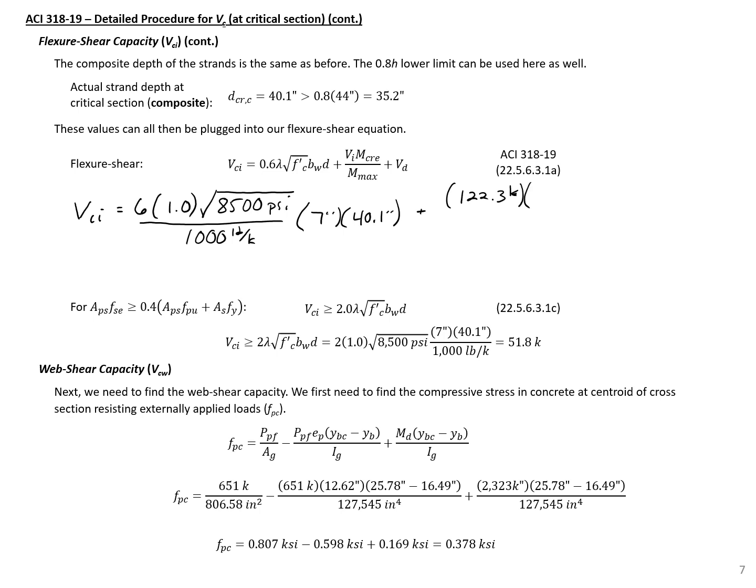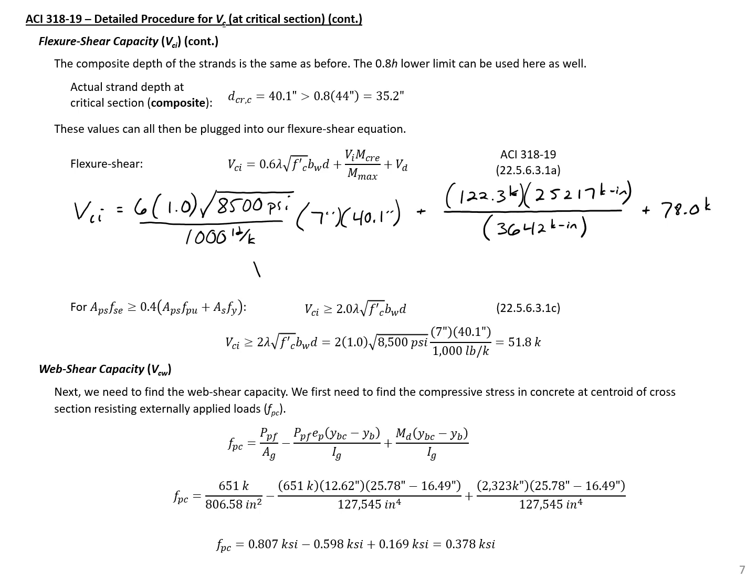times our M cracking, which we found to be 25,217 kip inches, divided by our M max, which we found to be 3,642 kip inches, and then plus our V sub D, which is 78.0 kips.